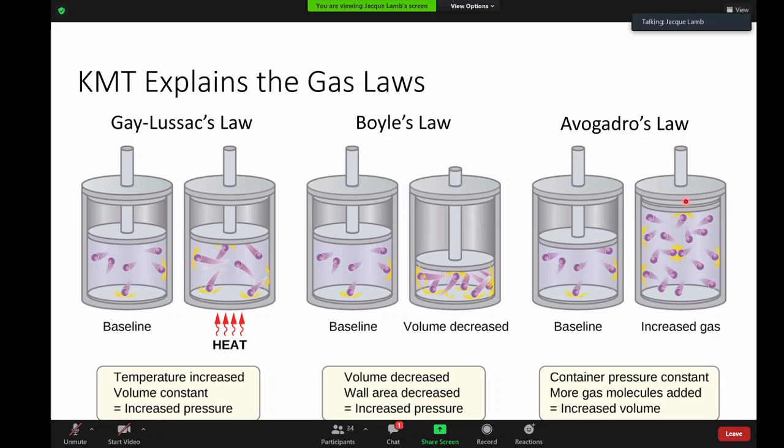Once you've increased the volume of the gas and given these molecules a longer distance to travel, that is how you keep the pressure constant. So the volume has to increase if pressure is to remain constant for this gas. So we can explain all of the gas laws based on kinetic molecular theory.